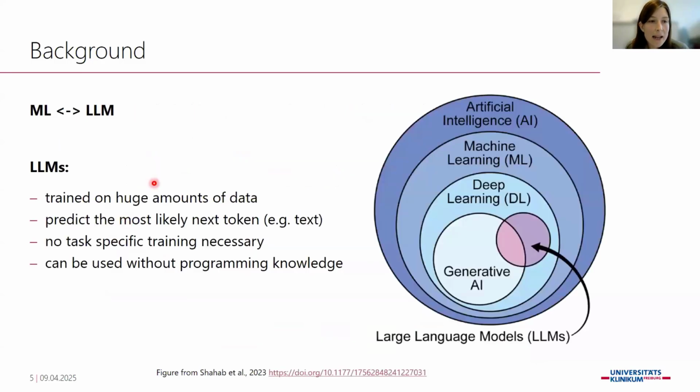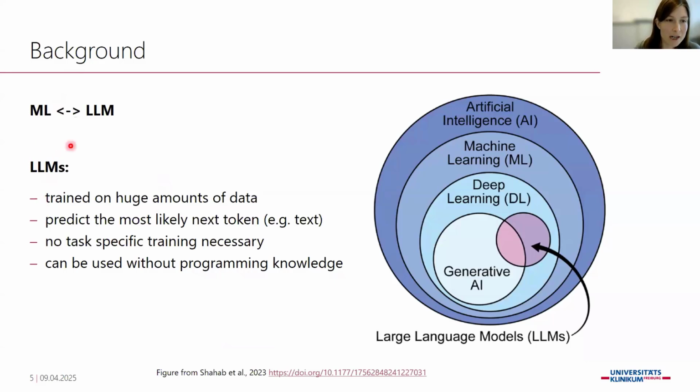Next, I would like to give you some very brief background on artificial intelligence and especially large language models. So just some basic information. When I'm saying AI, artificial intelligence, I mainly mean large language models, but I also will talk a little bit about more traditional machine learning, though not too much about this.